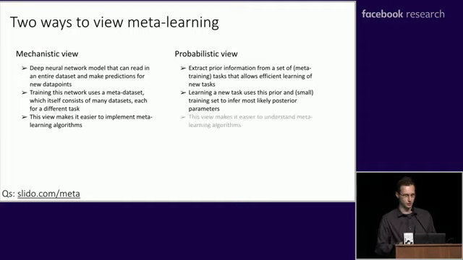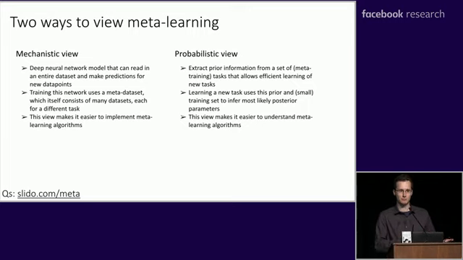And this view of metalearning makes it easier to understand metalearning algorithms. These are not two views that result in different methods. They're two viewpoints that can be taken to understand the same methods. So in this part of the tutorial, I'll focus on the probabilistic view, because our aim is really to help everybody understand metalearning algorithms, but we'll see the more mechanistic view emerge when we talk about particular practical instantiations of these methods.